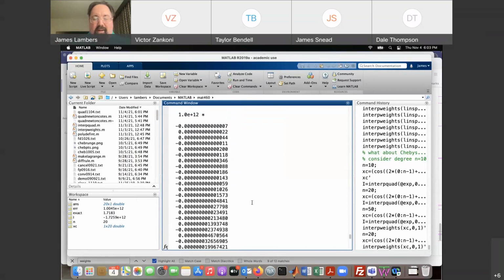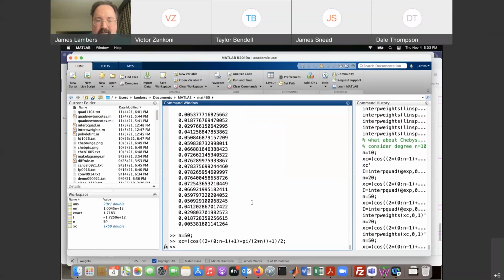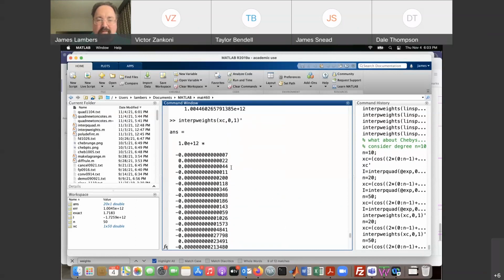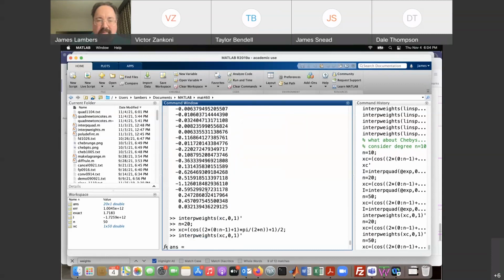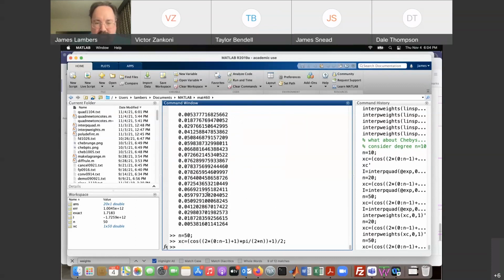If I consider the case of, let's say, 50 points, I get my nodes, and now I'm going to compute a sample Lagrange polynomial. We saw that the weights for these points were particularly small and then much larger over here. A Lagrange polynomial will be equal to 0 at all of these points except one, where it will be equal to 1.